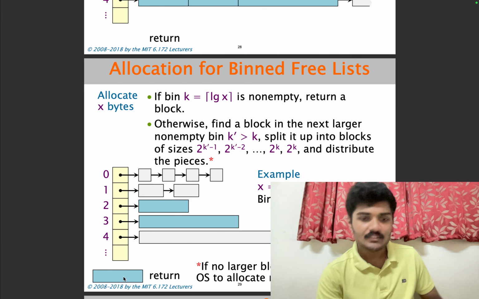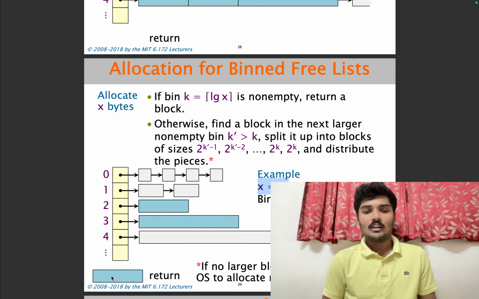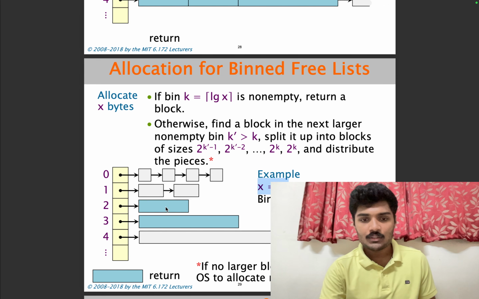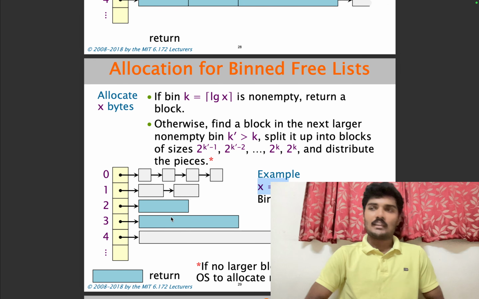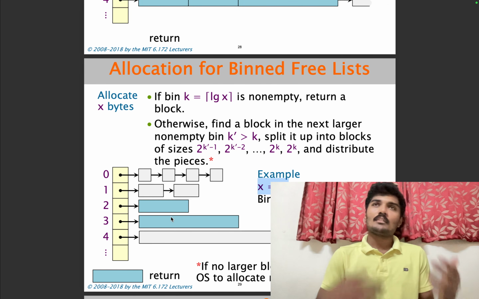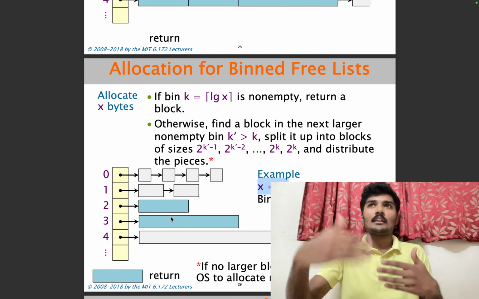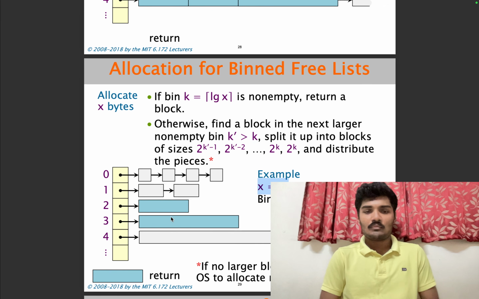Let's say this block, which was taken up by the x is equal to 3 process, is freed up again. How will we merge them into the 16-byte one again? Or are we supposed to keep it at that? Because if we keep it at that, then it will be broken down again and again and again, and all the blocks will be small. We won't have any big blocks.